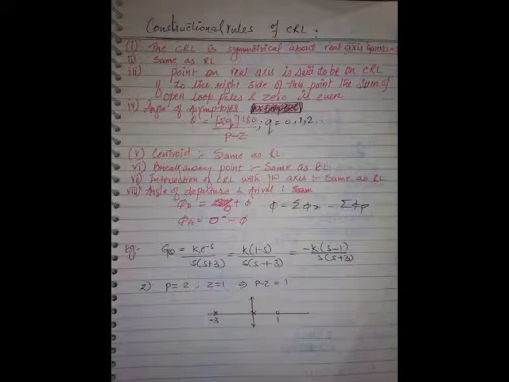Angle of g of s h of s will become 0. 0 means plus or minus 2q into 180. Second, magnitude condition. Magnitude of g of s h of s equal to 1. This will remain as it is.